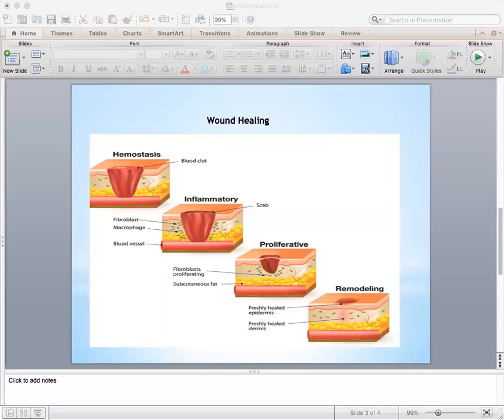The second local factor is infectious agents: Streptococcus pathogens, Staphylococcus aureus, E. coli, Pseudomonas, and there are a number of other common microorganisms that cause wound infections. Wound infection is one of the important reasons for improper or impaired wound healing.